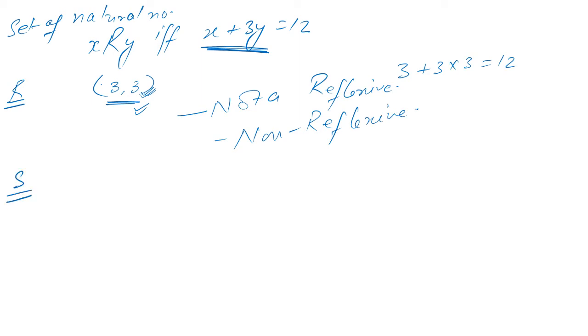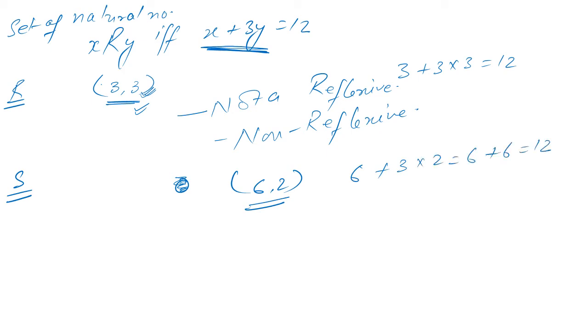Checking for symmetricity. If I take any pair, let us say, 0 cannot be taken. If I take, let us say, 6, 2, it says 6 plus 3 multiplied by 2, that is 6 plus 6, that is equal to 12.